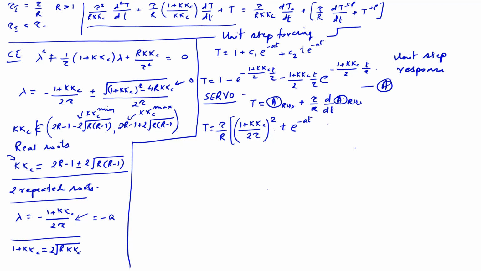So this term is there, and this is from the derivative, and then we have the plus 1 minus e to the power minus at, minus 1 plus KKC by 2 is a, so minus a.